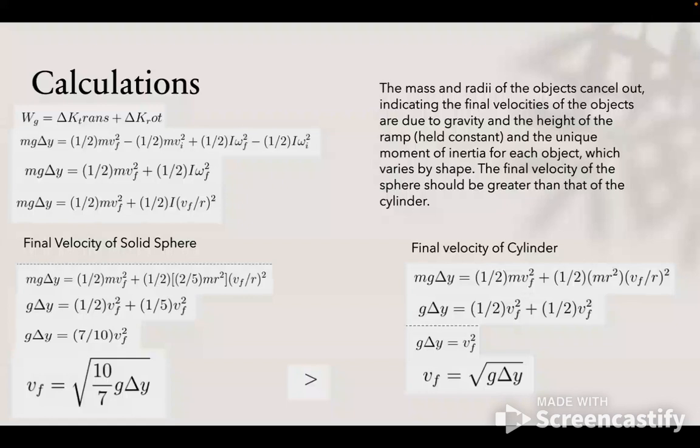So for the ball, it's the square root of 10/7 gravity delta y, and for the cylinder, it's just the square root of gravity delta y, indicating that the solid sphere should have a greater final velocity than the cylinder.